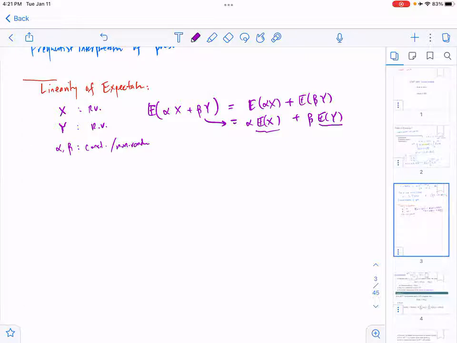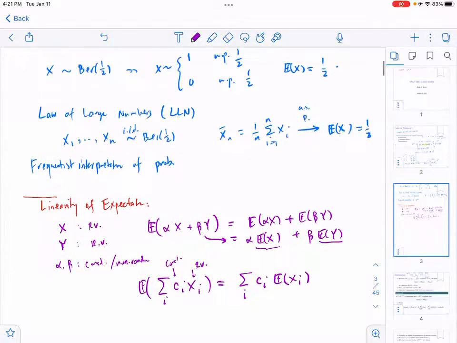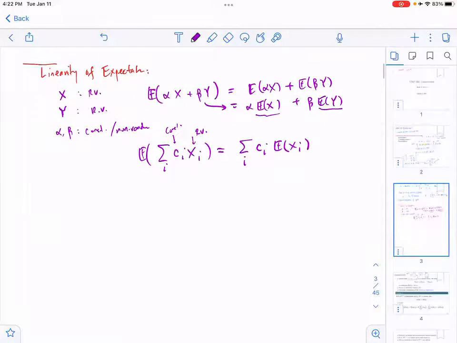So this generalizes: if I have a bunch of random variables, these are RVs, these are constants, the expectation of this is: the summation comes out, the coefficients come out, and the expectation moves in. This is the general idea. Okay, so this needs a proof, but either you've seen it before, or I encourage you to try to justify this for yourself. Sounds good?